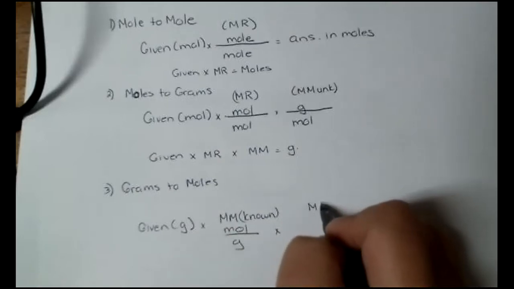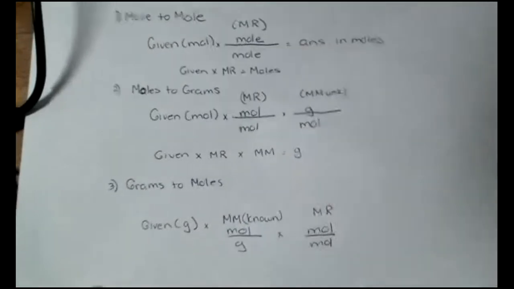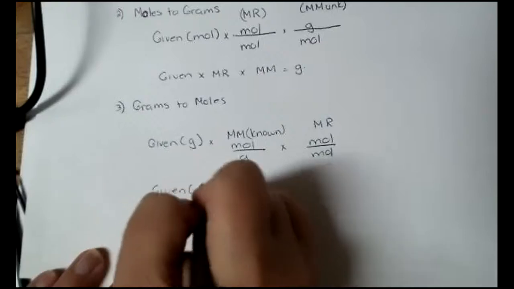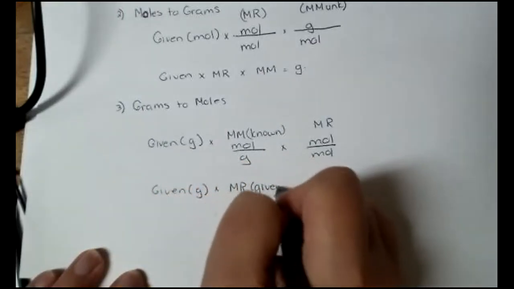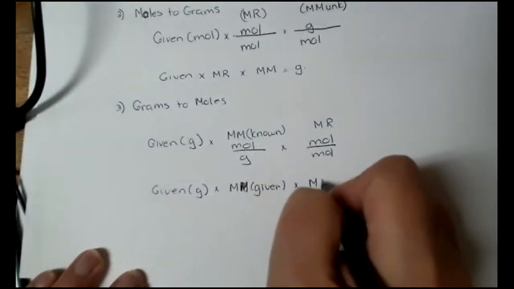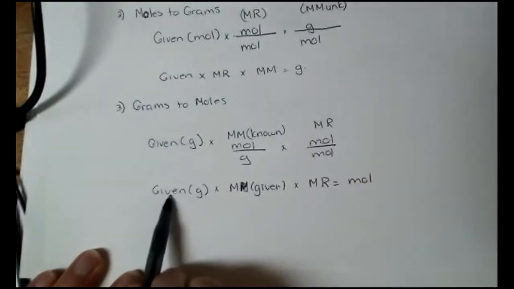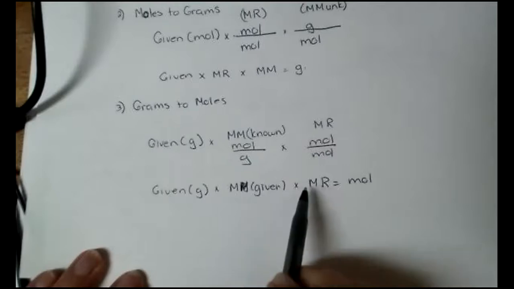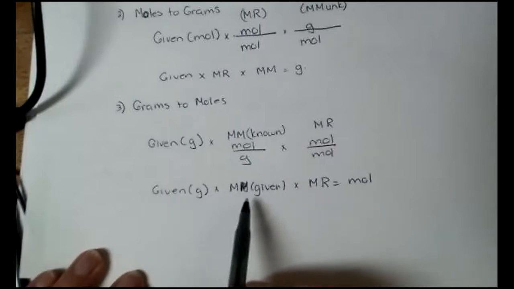And then we do our mole ratio, which would be mole over mole. So basically you're saying given in grams times the molar mass of the given times the mole ratio, and that's going to give your answer in moles. Okay, so it's kind of like we're just flipping things around a little bit.